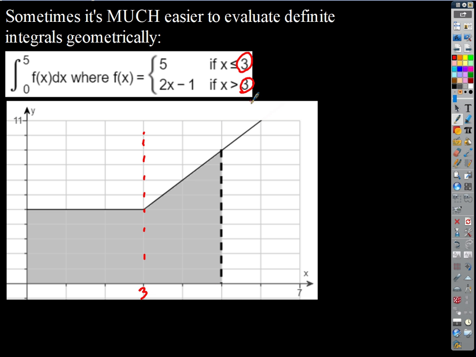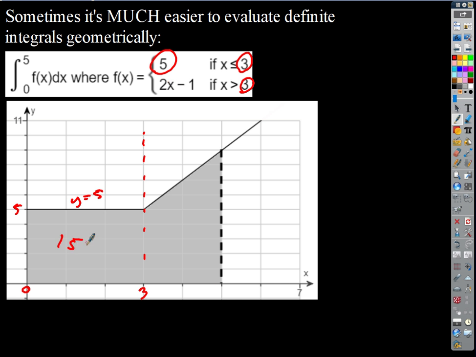Everything less than 3, we just get the simple line f of x equals 5, and there it is. Right, there's 5 on the y-axis. So if we're adding up area between x equals 0 and x equals 3, that's the function that's determining the height, the top of the area, right? Well, that's pretty easy. What's the area of that piece? 15, yeah, 5 times 3.